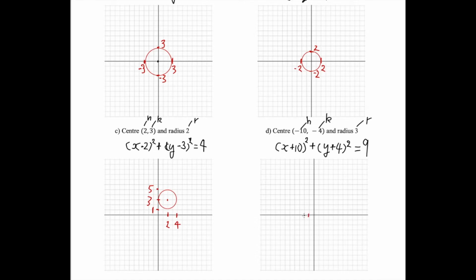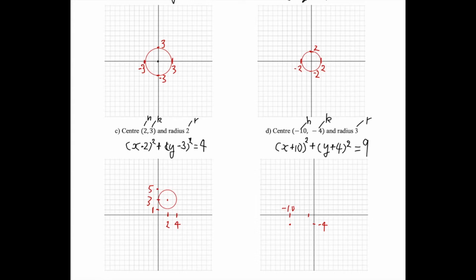So 2, 4, 6, 8, 10. Because else I wouldn't have space to draw the circle. And this will be minus 4 because now I'm assuming that each unit is 2 units. And the radius is 3.